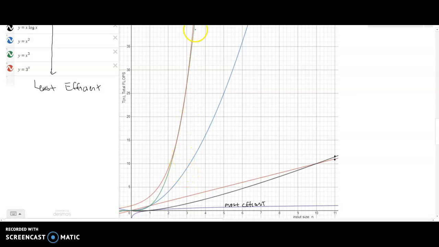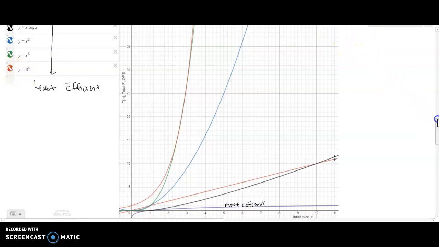The green function, which you'll notice is the third or second to last, that function falls below the red function, that is y equals x cubed. And the exponential function, 3 to the x, you can see ultimately goes above the green curve, and that is the least efficient of all of these. So you typically do not want to write functions of exponential order.